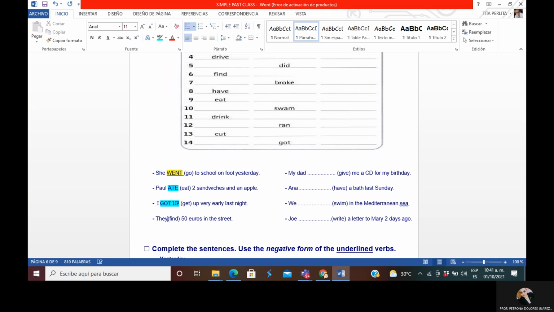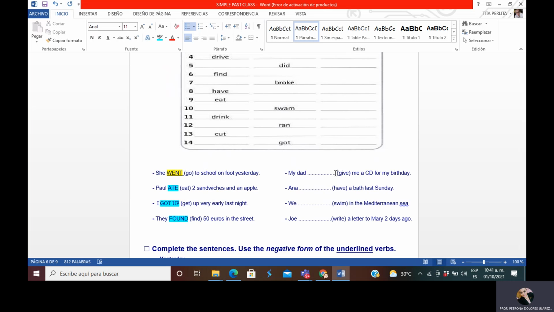They find 50 euros in the street. Ellos encontraron 50 euros en la calle. No sería find, sino found. ¿Por qué? Porque aquí estamos hablando de un verbo irregular y cambia su forma pasado en la forma 2. My dad give me a CD for my birthday.